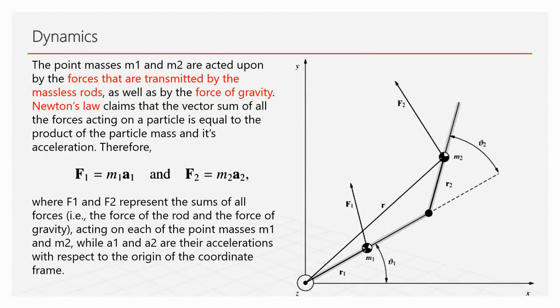If you don't apply any force, it just drops, right? Because we have mass and we have to consider that. We cannot ignore it, specifically because some of these robots are made to lift or carry something, so we have to calculate that. Newton's law claims that the vector sum of all the forces acting on a particle is equal to the product of the particle mass and its acceleration.